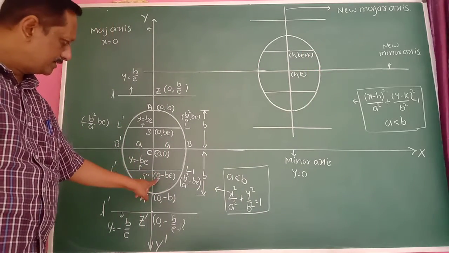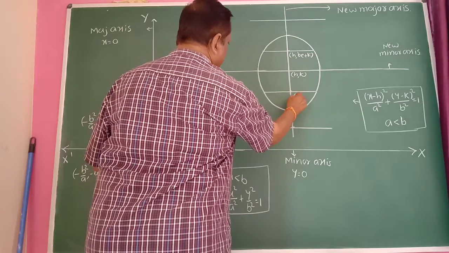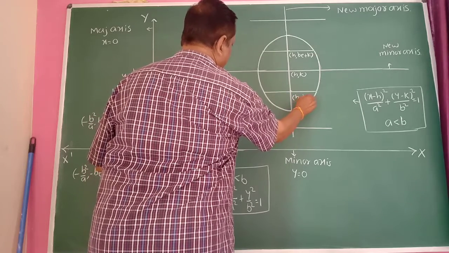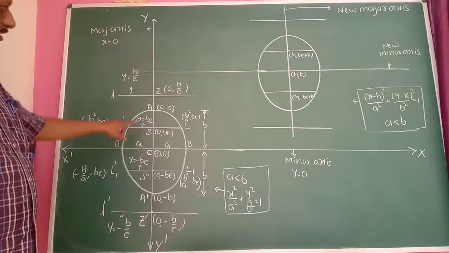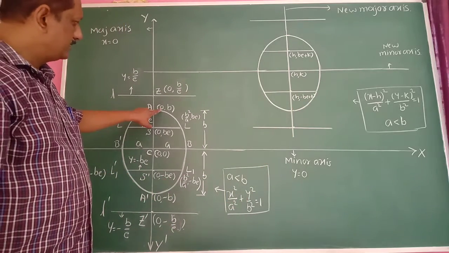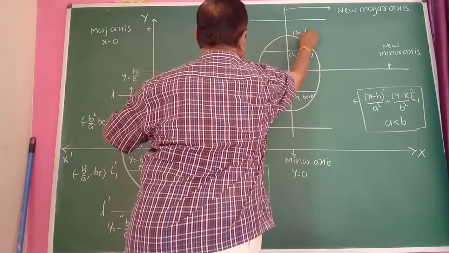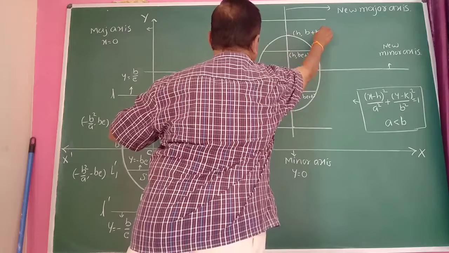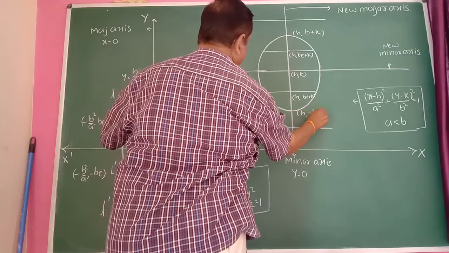Here adding h, adding k. So the coordinate of this focus is h comma minus be plus k. And the coordinate of A is h comma b plus k, and the coordinate of this point here is h comma minus b plus k.